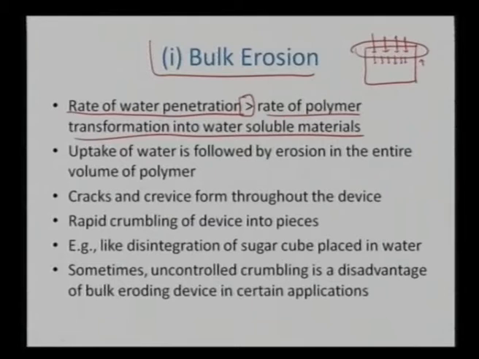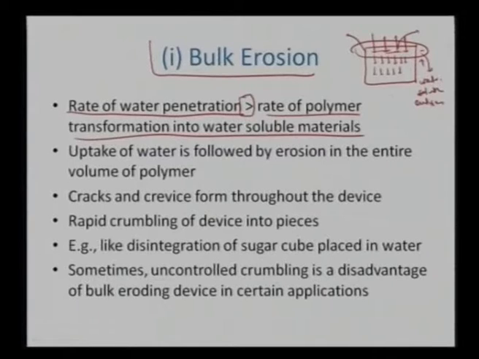So water is penetrating to a very rapid extent, and in the meantime there are some products which are forming along this regime which are getting disintegrated, or they are getting transformed to water soluble entities at a much slower rate. So this process of dissolution of this particular polymer into water soluble material is happening at a much slower pace.